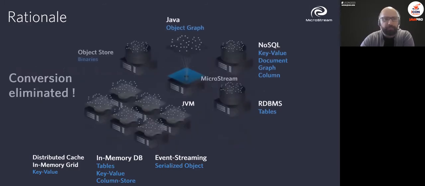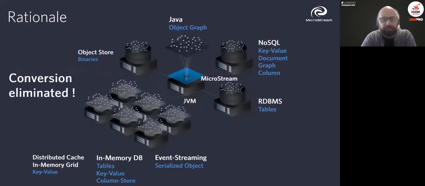So what we came up with probably looks the same, but we got rid of the conversion of the data, because we treat the object graph as it is and store it as it is in our storage layer. So you don't have to worry about converting your data.